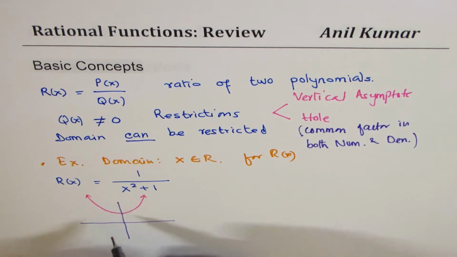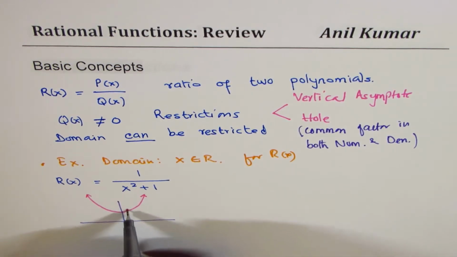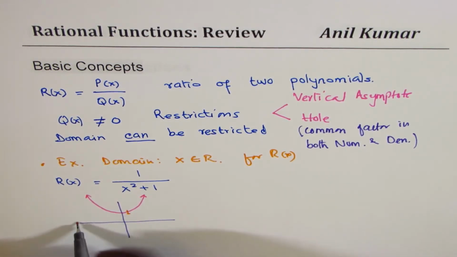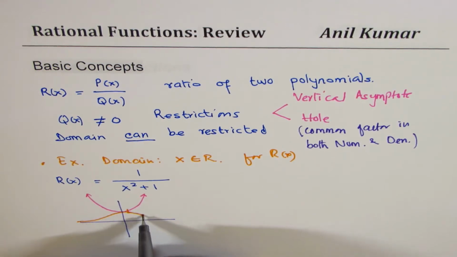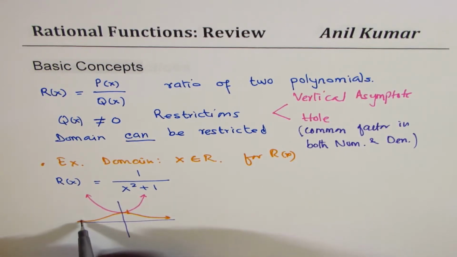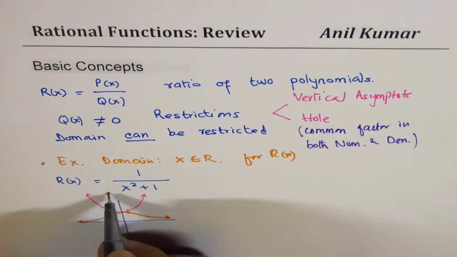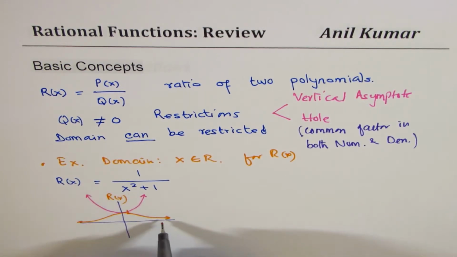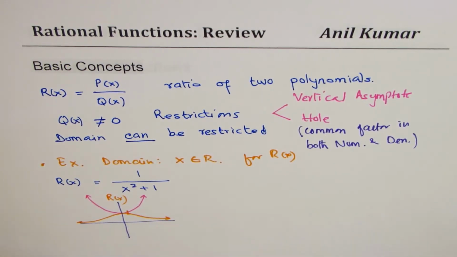Since there are no x-intercepts, let's say this point is 1, reciprocal of 1 is 1, we have a graph which is kind of like this. So that is a rational function r of x, where you can see domain is all real numbers. So it is actually possible to have a rational function where the domain could be all real numbers, correct?